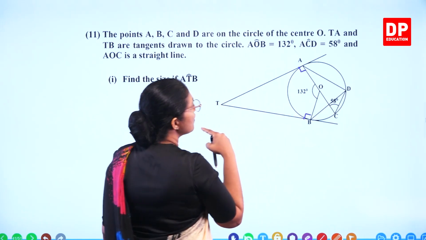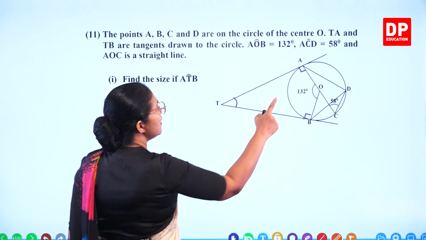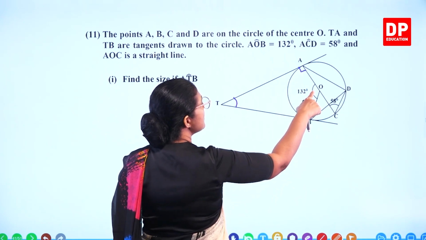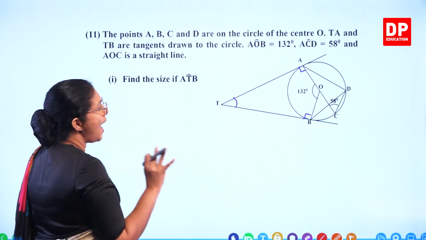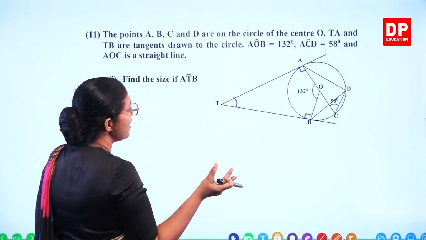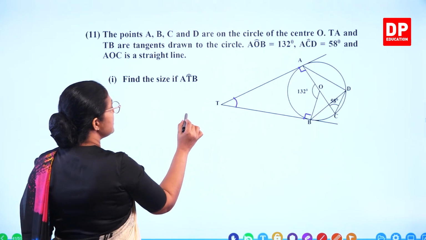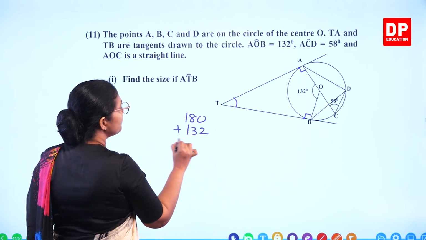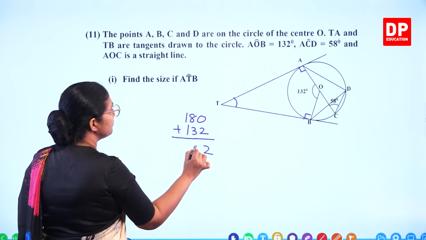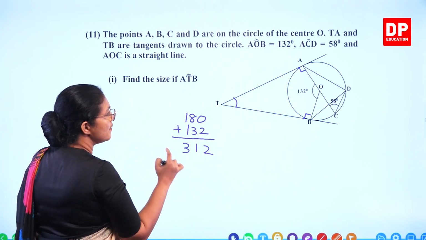ATB. So how do you find out this angle? We know this is 90, this is 90, this is 132. It's a quadrilateral. The sum of angles in a quadrilateral is 360. So 90 and 90, 180 plus 132, you get 312.